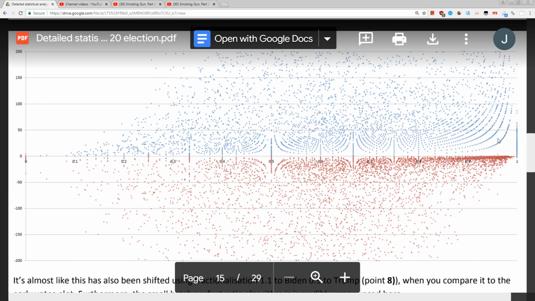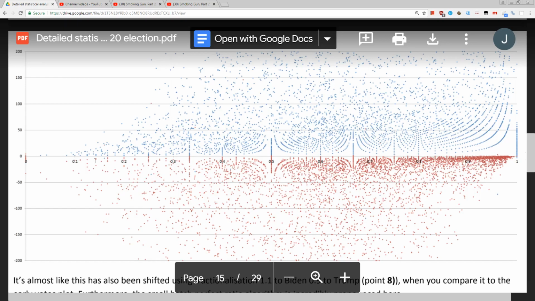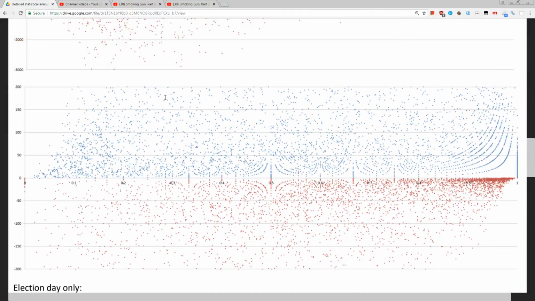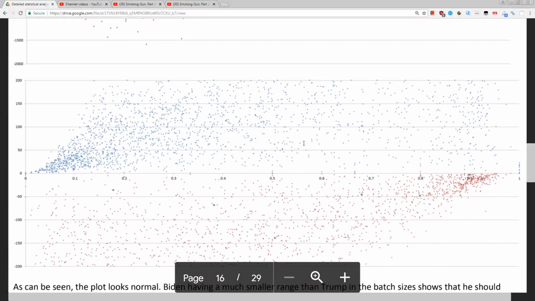Take away one, where the numerator is one less than the denominator, below 100, pretty much everyone. And then there's -2, there's -3, so very obvious. No such thing for Trump. I mean, look at it. Same for early. However, when you look at the election day, no such thing again.